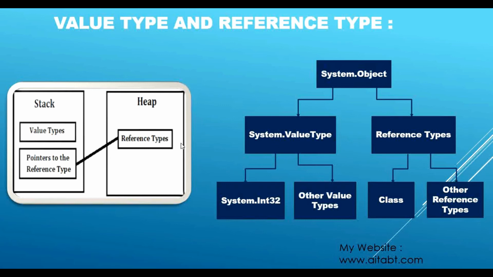Whenever you define a reference type, the variable will be on the stack only, but it points to the object which is present in the heap. It is a very wrong assumption that variables of reference types are stored on the heap. It is not like that. The variable will always be stored on the stack only. There will only be a pointer from that variable to the reference type, or we can say the variable holds a reference to the object stored on the heap, and the object is of reference type.